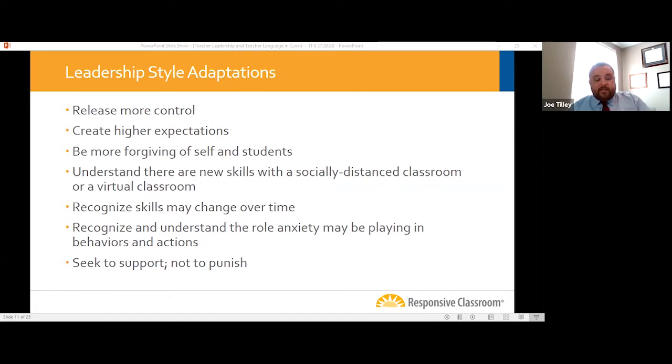We've talked about understanding that there are these new skills in the socially distanced classroom or the virtual classroom. Also recognizing that skills may change over time.